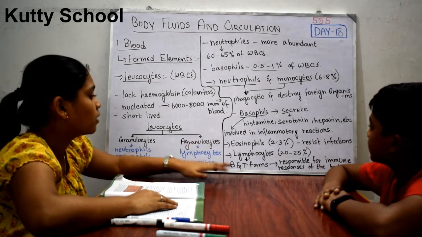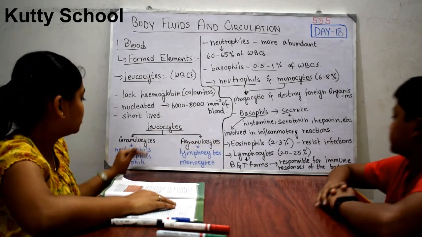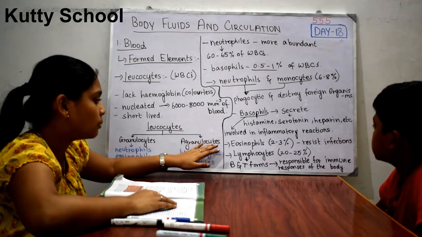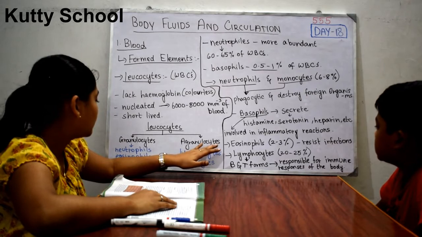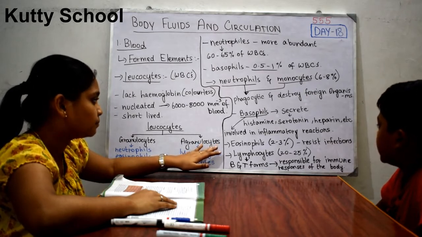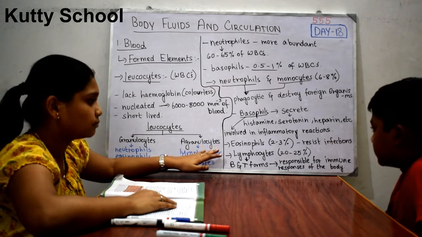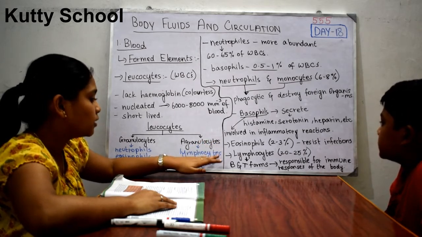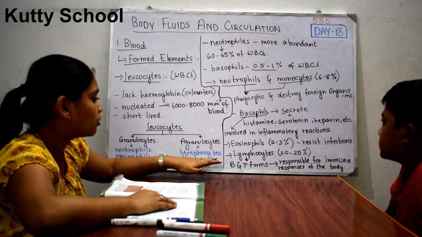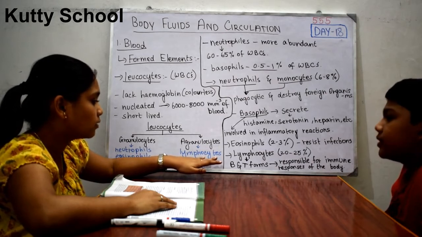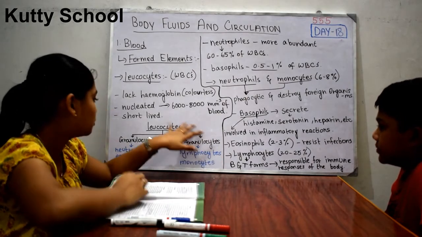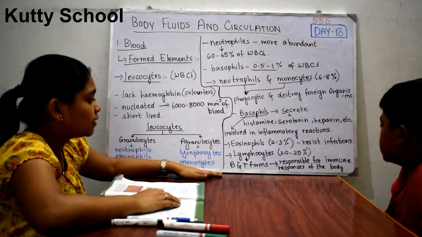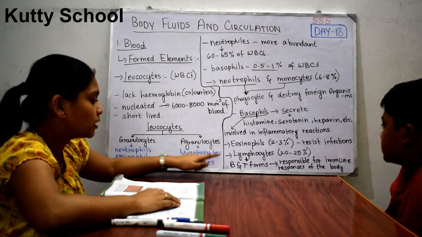Then eosinophils, which are under granulocytes. These eosinophils constitute about 2 to 3% of WBCs and they resist infections. They only resist infections. Then lymphocytes, under the agranulocytes, constitute about 20 to 25% of WBCs. They consist of two forms: B lymphocytes and T lymphocytes.